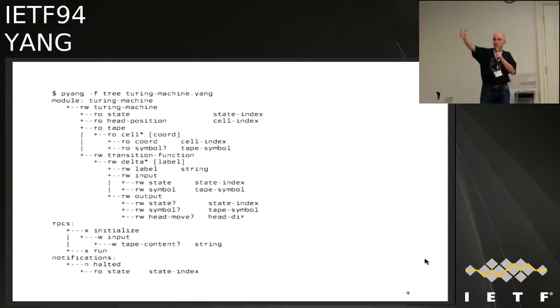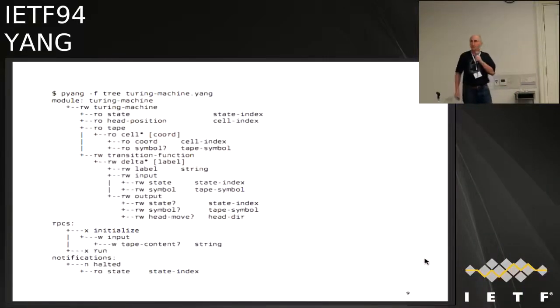So as you can see in the Turing machine data model, we have some state data that are marked with RO, and it follows essentially the Turing machine definition. So we have the state of the Turing machine, head position, and then a representation of the tape.